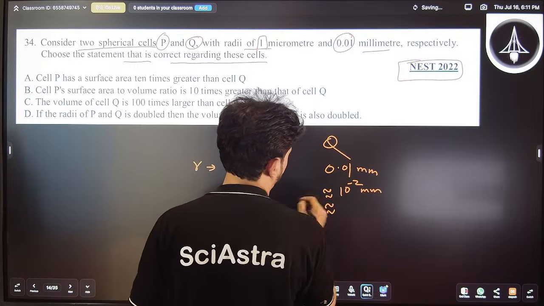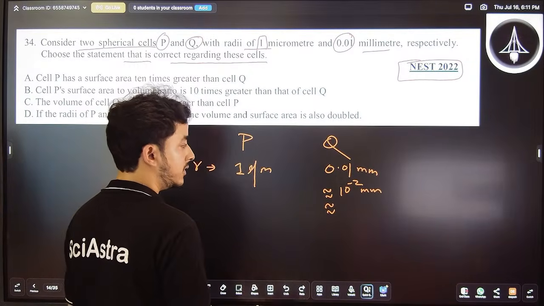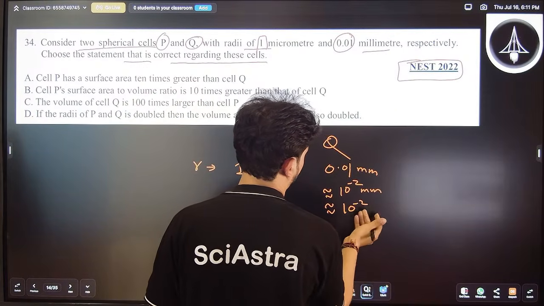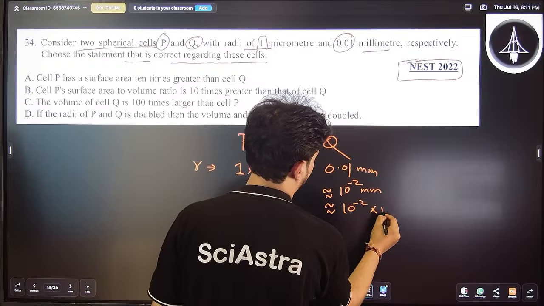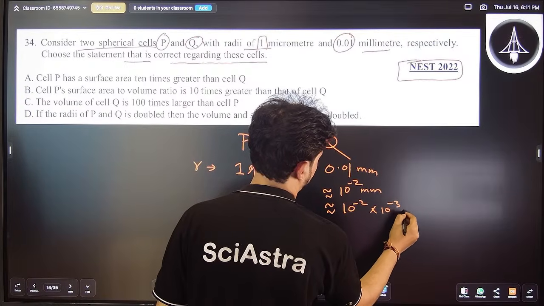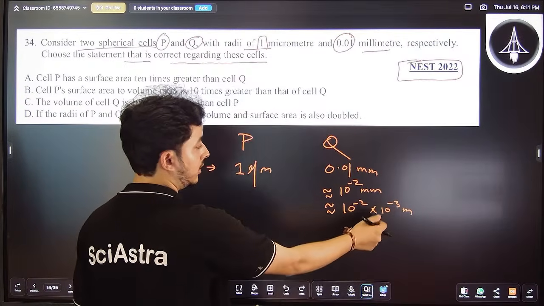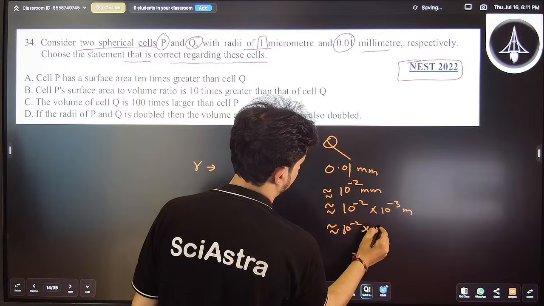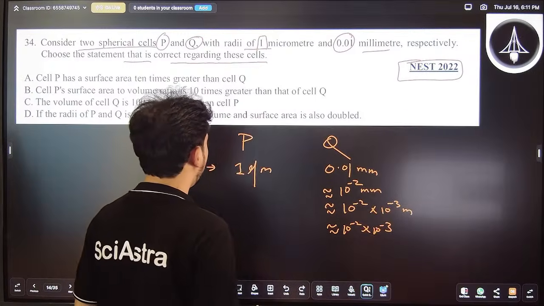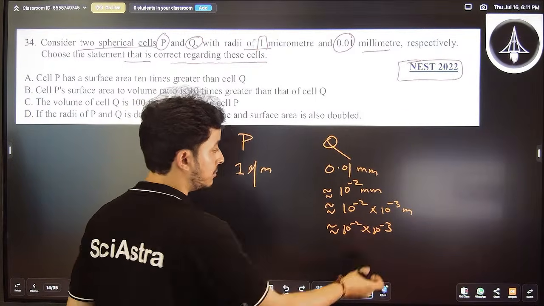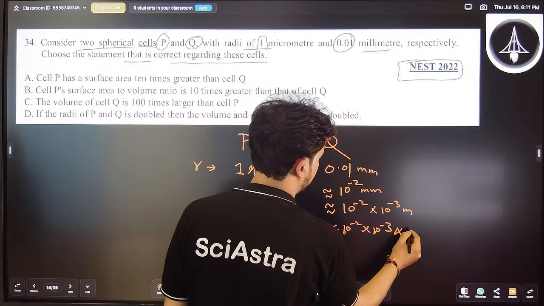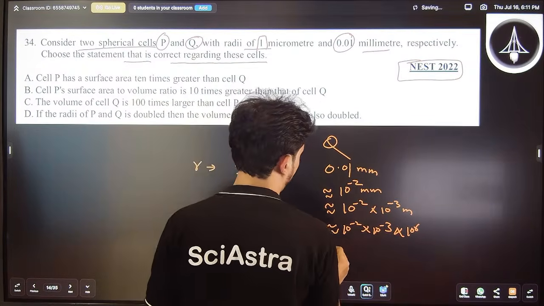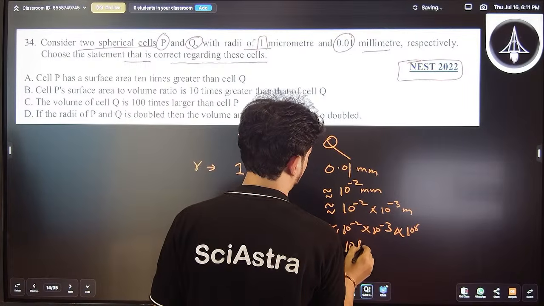You know 1 meter is 100 centimeters, that is 1000 mm, so 1 mm will be 10 to the power minus 3 meters. And 1 meter is 10 to the power 6 micrometers, because meter is a bigger quantity. So here you get to know that this is 10 micrometers.